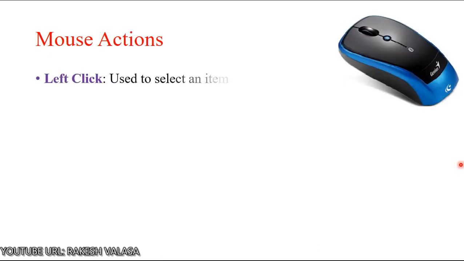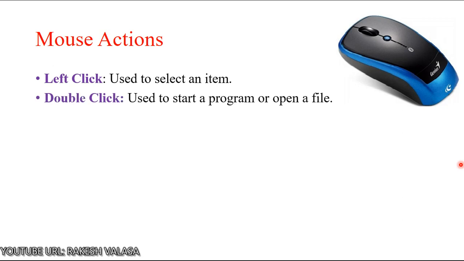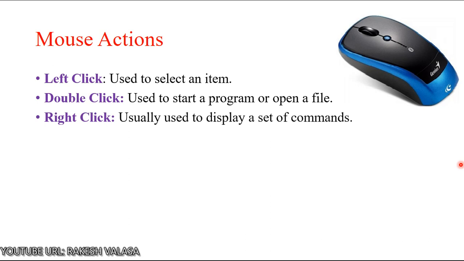Let us see the mouse actions. When you click the left button, it is used to select an item. When you double click the left button, it is used to start a program or open a file. When you click the right mouse button, it is usually used to display a set of commands.